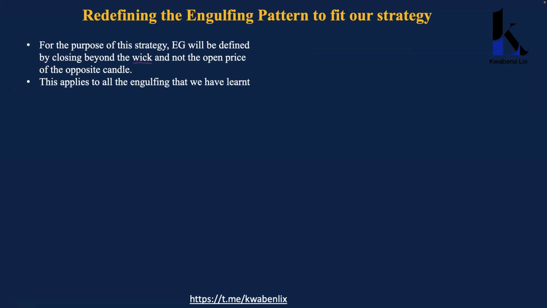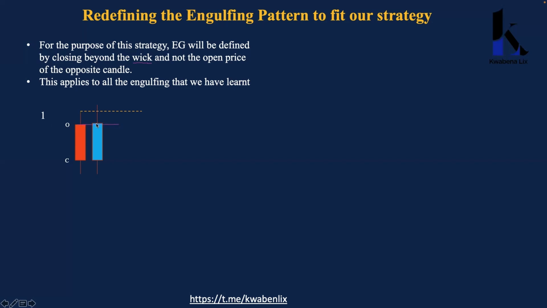So this applies to all the engulfing that you have learned. Now we have an open price. In this particular situation, we have closed above the body. See, we went above the body, above the open. Can you see?